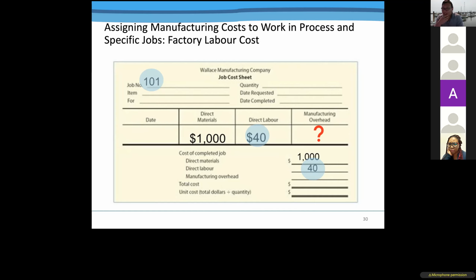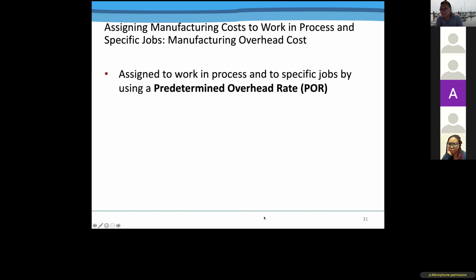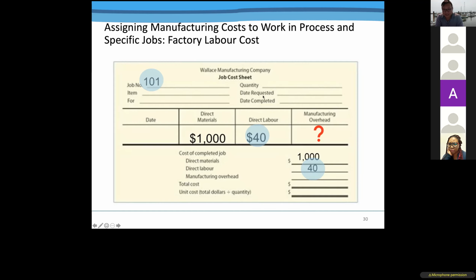Isn't that a good question? So you see this part is trickier. So how are we going to deal with that? That's the question mark here. We deal with that using the predetermined overhead rate.